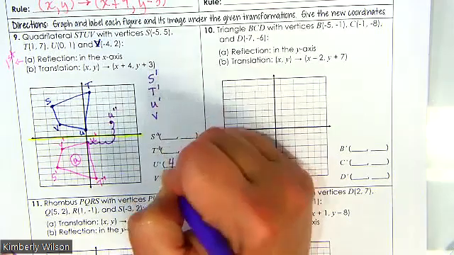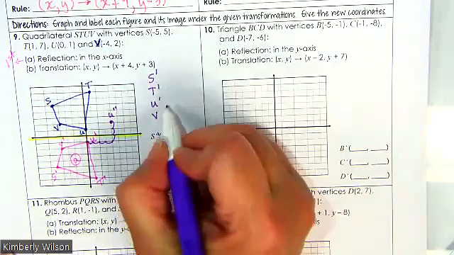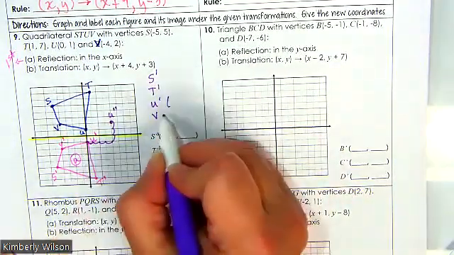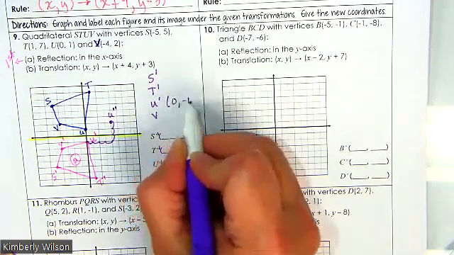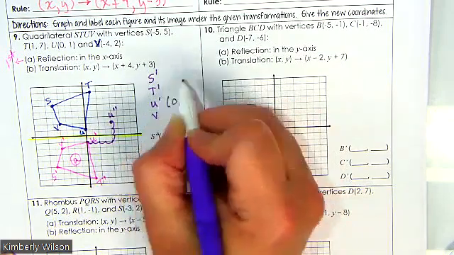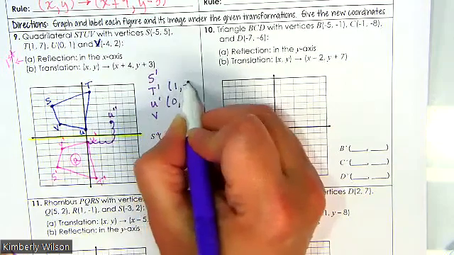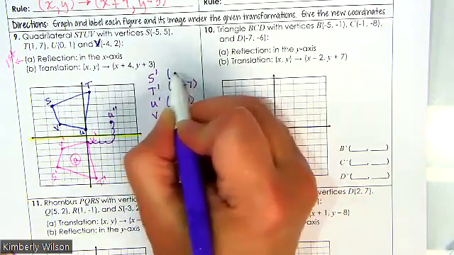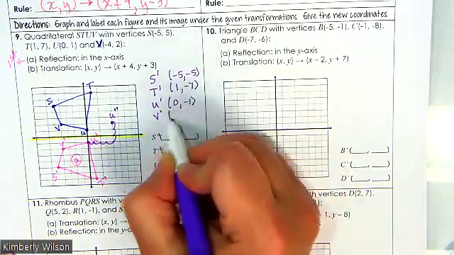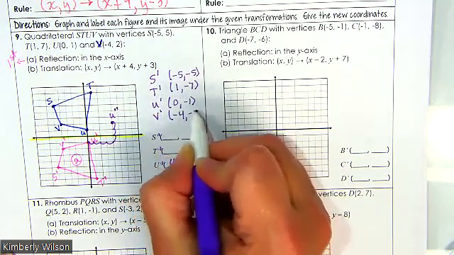Now, if we went ahead and wrote down S prime, T prime, U prime, V prime, and we're going to make these doubles because we're recording the first ones. So this is 0, -1. This one is 1, -7. S is -5, -5. And V is -4, -2.